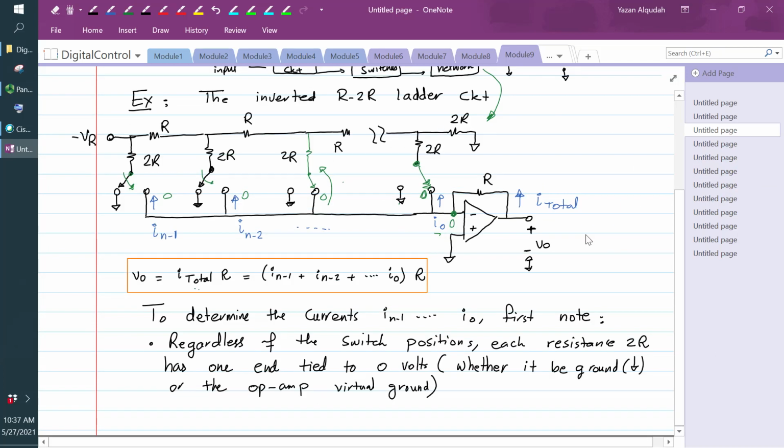So again, these are the switches that we're talking about, B0, B1, all the way to Bn minus 1. And therefore, that will determine the current that is going to be contributed, and that will determine the voltage. And again, the output voltage is going to equal the summation of that current multiplied by R. Okay.